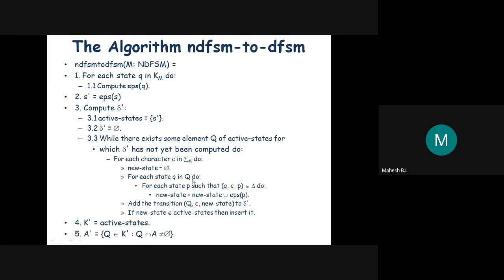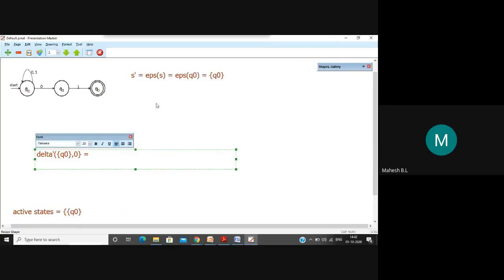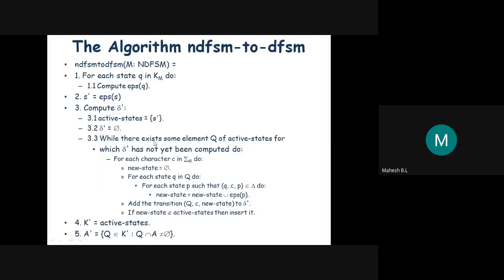Now, for each state P such that Q comma C comma P belongs to delta. So now, as you can see, for Q naught on 0, there are two transitions. One is to Q naught itself, one is to Q1 itself. Then what you need to do is compute epsilon of that state and union it with new state.